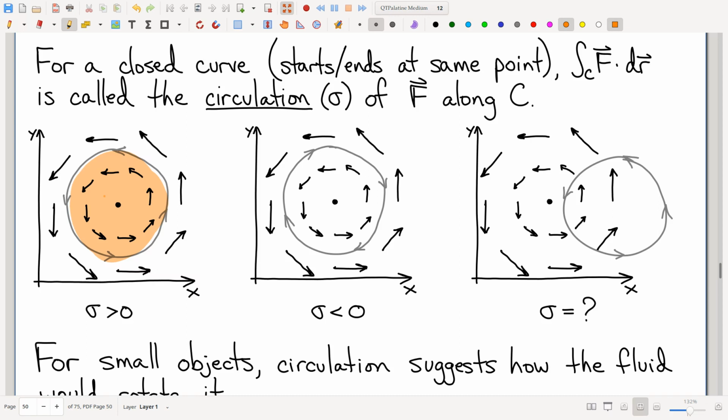So that said, I like to think of the closed curve as proposing the question, hey, how much would the leaf, whose boundary this curve is, how much would this leaf be rotating counterclockwise?